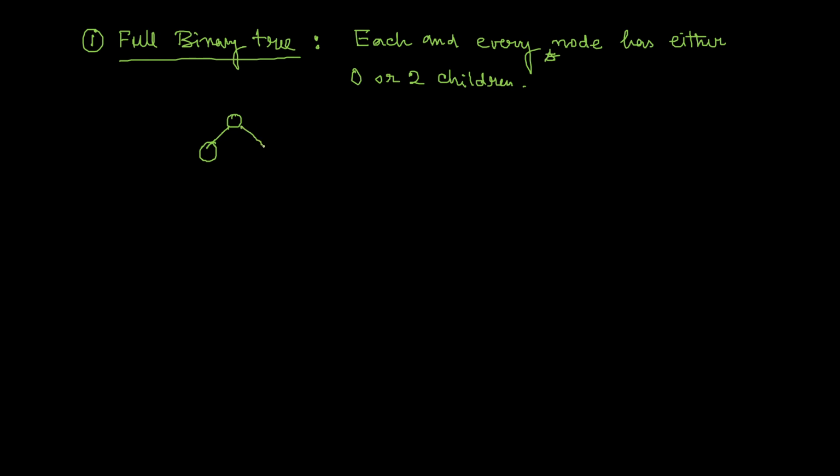So it becomes a full binary tree. But if you add this one, it will not remain a full binary tree. If you again add this one, then also it will not be a full binary tree. To make it full, you have to connect them all. Either children will be both or nothing. So it can be a full binary tree. Something like this.